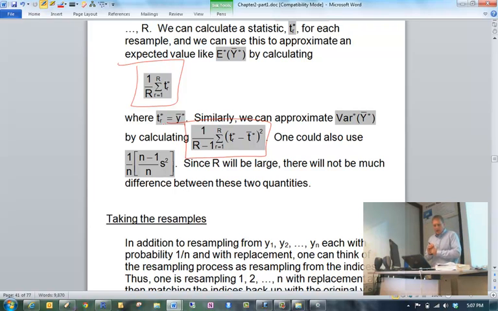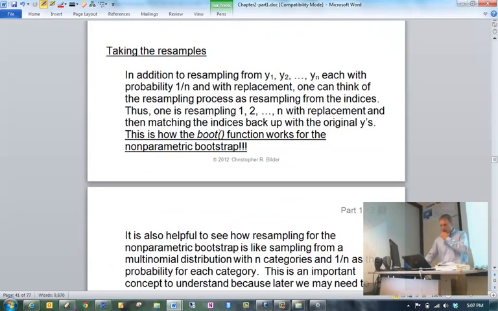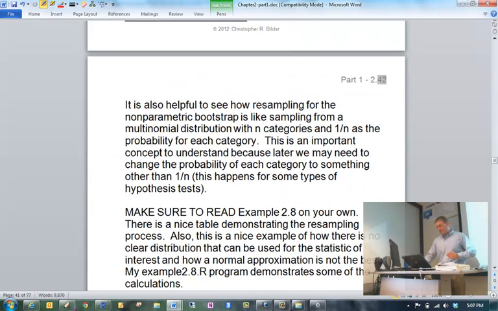Let's talk about taking these resamples. There's 3 notes here on page 41 and 42. I'm going to do the second note first. It's on 42. There's an interesting relationship between the nonparametric bootstrap and the multinomial distribution. So if my original data was y1, y2, down to yn, essentially what this means is I have n different categories, right?